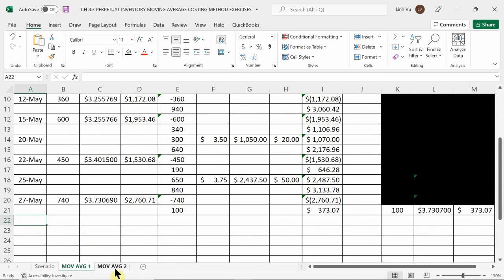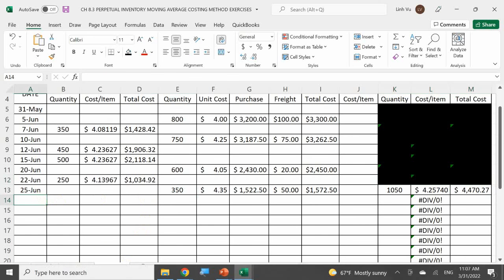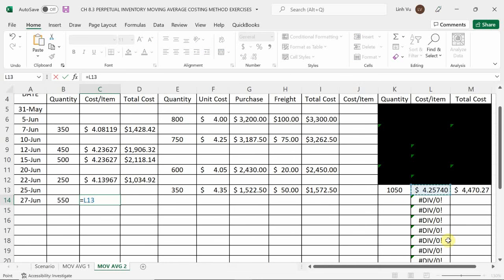Oh, wrong one. I'm on this one. Okay, so we are on June 27. We sold 550 units right now at $4.2574. So that should give me a cost of goods sold of $2,341.57. Good. And we're going to subtract that out.